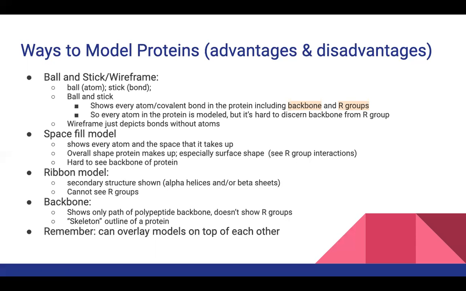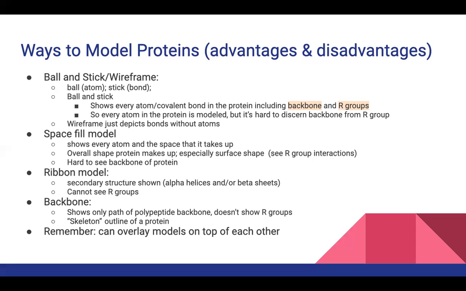Do you want to explain what each one is? Yeah, so ball and stick is similar to backbone in the sense that it shows the peptide bond, but I'm pretty sure it also shows the R groups, right? Yeah, just as balls. Backbone just shows the peptide bonds, like I said.